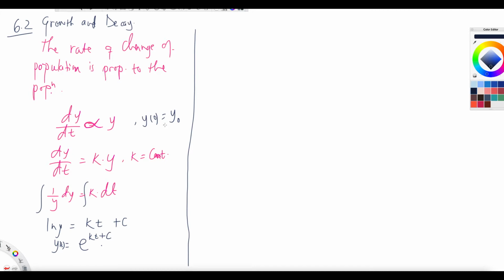Using y at 0 equals y0, you get y at 0 equals e to the k times 0 plus c. So y0, y sub 0, equals e to the c.